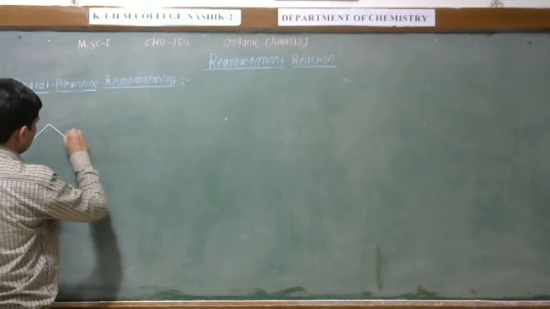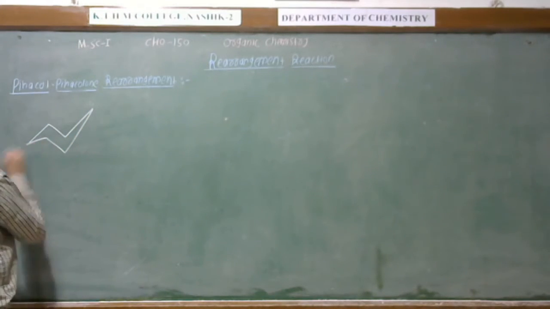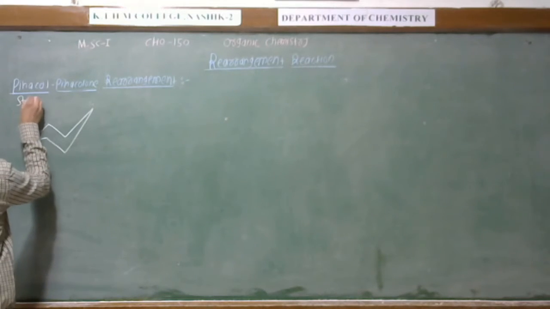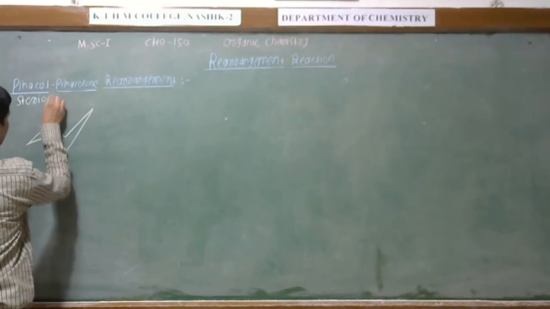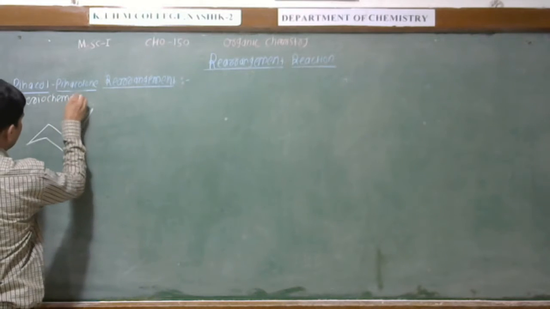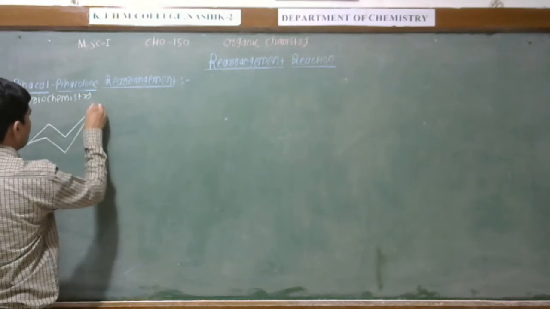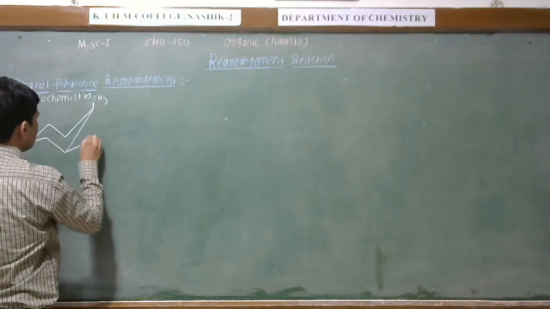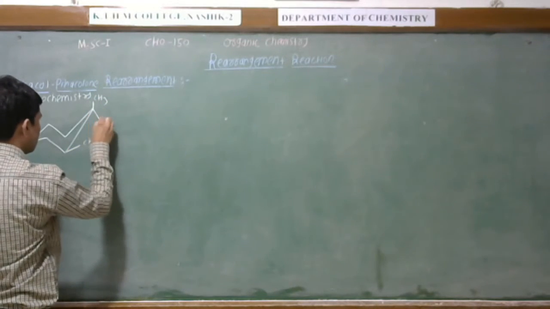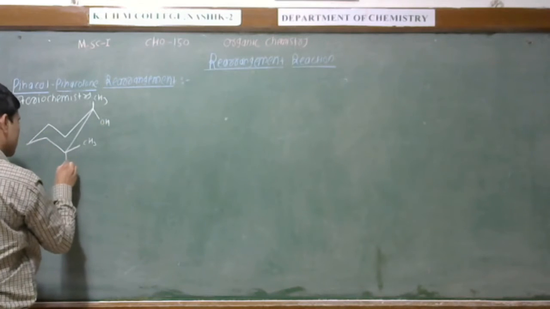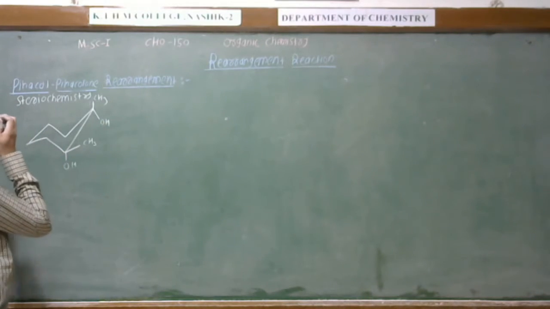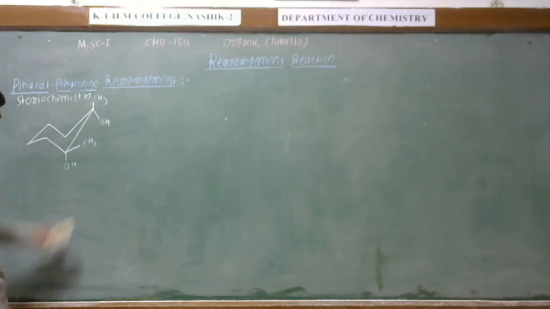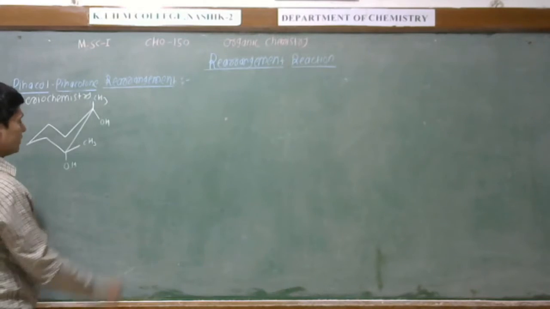For this, we are taking here an example. See, here is the CH3, here is the CH3, this is OH here, and this is the OH here. When such a compound, see, this CH3 is toward one side, OH is toward one side, so therefore this is the cis derivative.